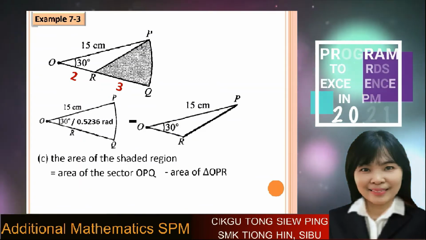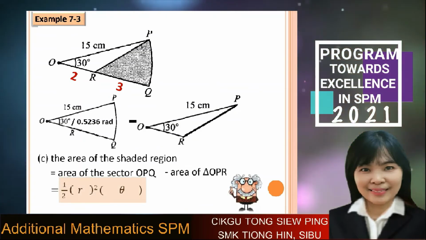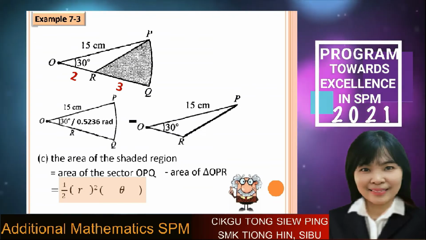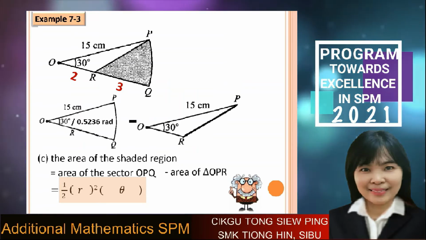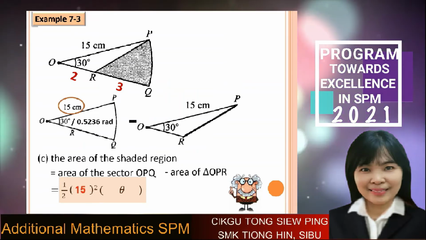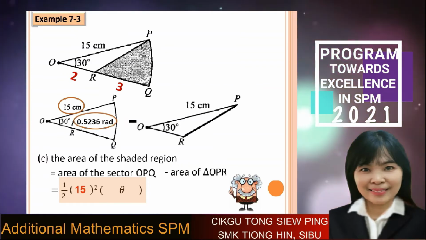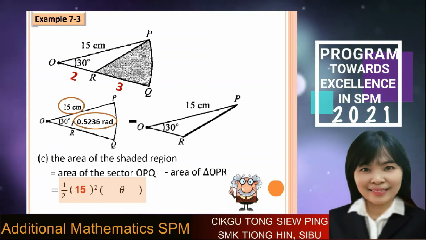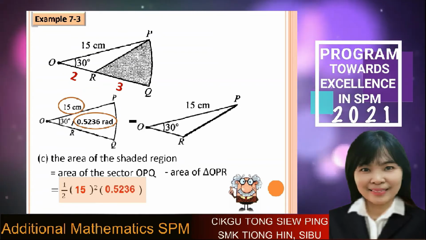For this area of sector, we can use the formula of sector to find it. That is 1 over 2 r squared theta. We substitute in the radius OP, that is 15, and also the angle, that is in terms of radian, 0.5236 into the formula. Then subtract the area of triangle.